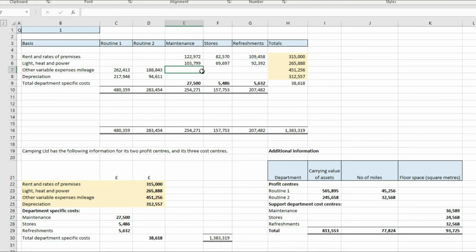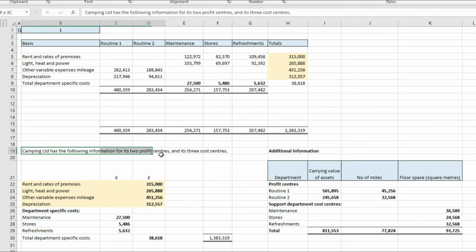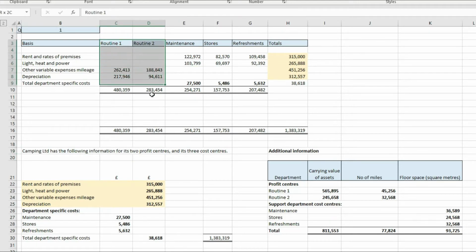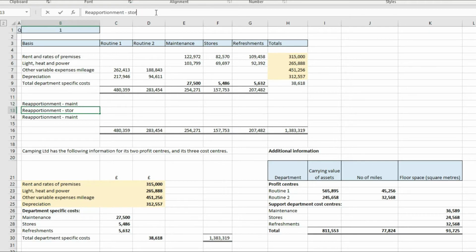So we've done step 1, which is great, but when we read the question, we can see here that we've got these two profit centres, which are routine 1 and routine 2. So we now need to reapportion everything that's in maintenance, stores and refreshments. So I'm going to write here the reapportionment of maintenance, put that down, and then just change the title.